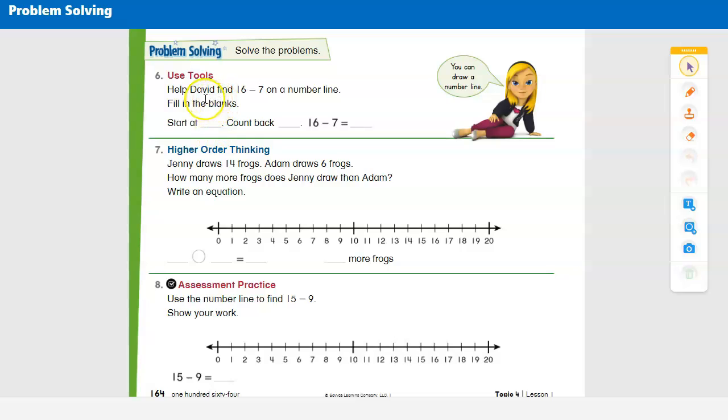It says, help David find 16 minus 7 on a number line. So it wants us to know, what number would you start at on the number line? If you are working with 16 minus 7, what number would you start counting at? 16 or 7?